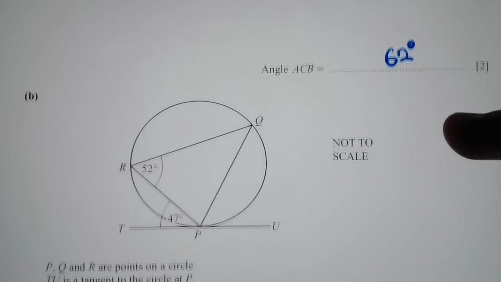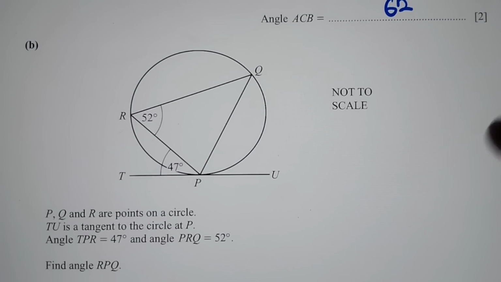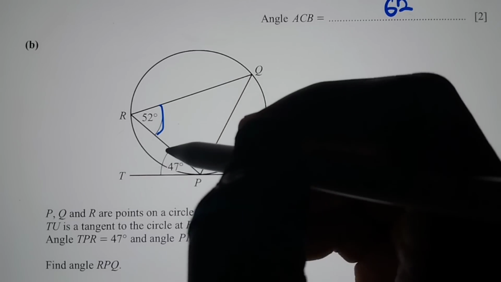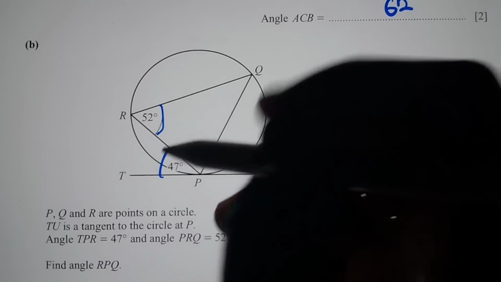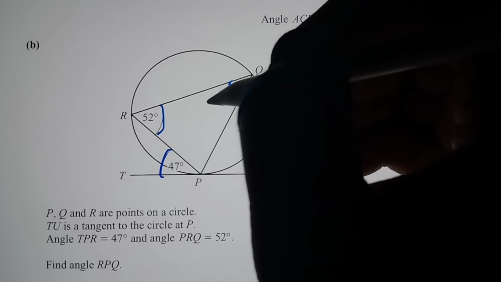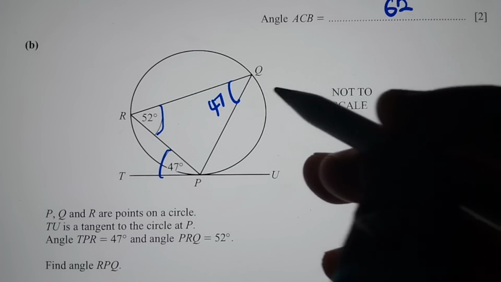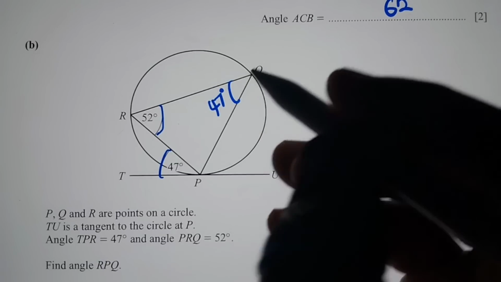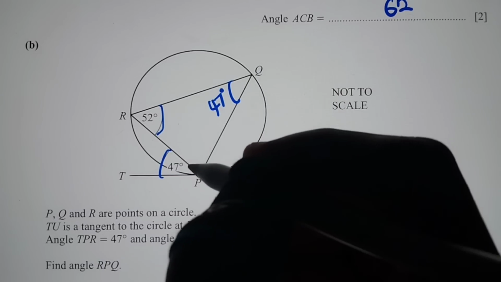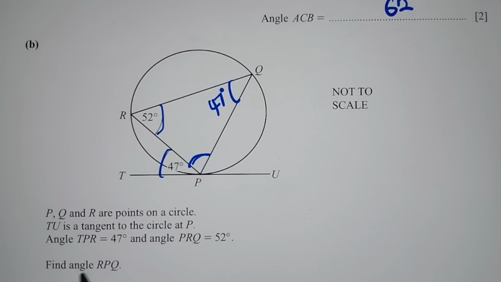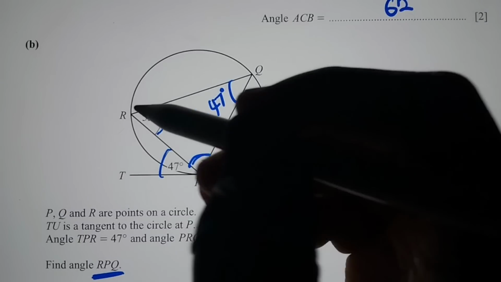The B part of that question is also on geometry. The angle here is 52, here is 47. If here is 47, automatically here is 47 by alternate segment theorem. And with that, we can use sum of angles in a triangle to find here, because the question says calculate RPQ.